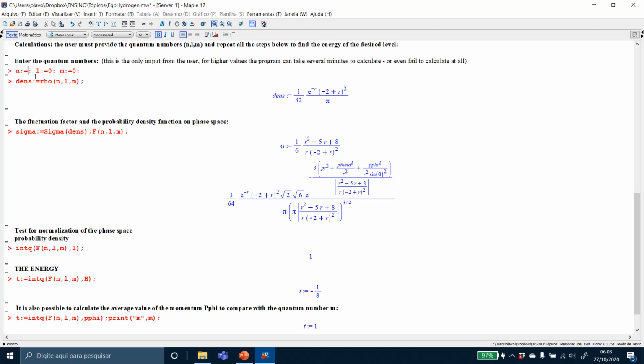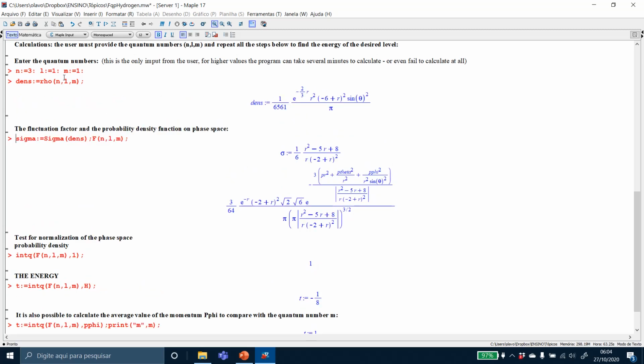We can do that for n equal to 3. Let's put here m equal to 1, L equal to 1, just to find results related to non-radial, not only radial, probability densities.